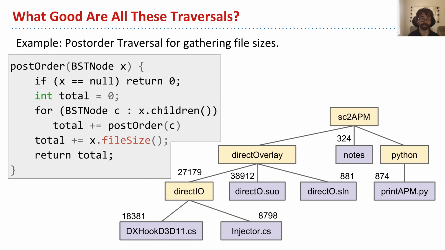Then direct overlay, its left child has now finished its job. So the post-order call to direct IO is done, and we're going to add this number to the total that direct overlay is tracking. We will then add the second child and the third child, and we get 66,972. We then come back up to SC2 APM.